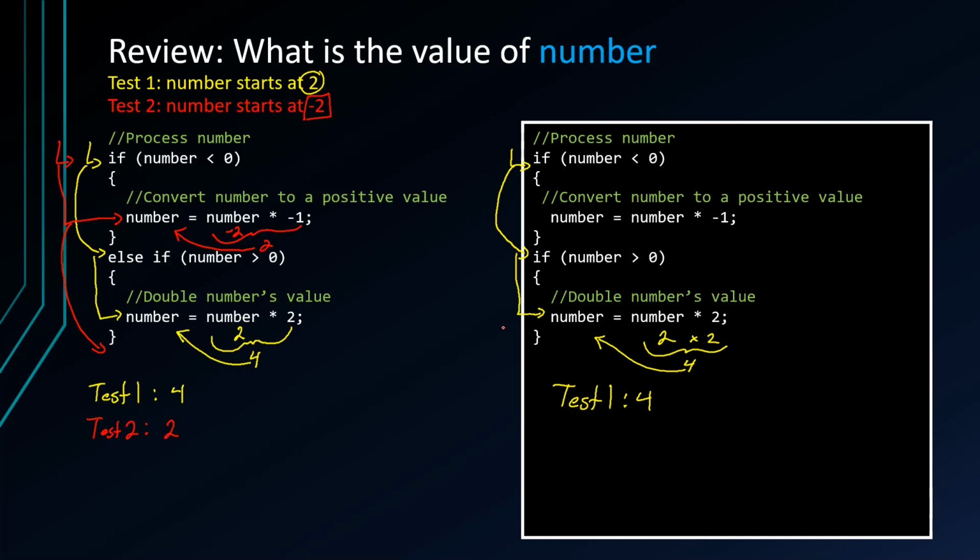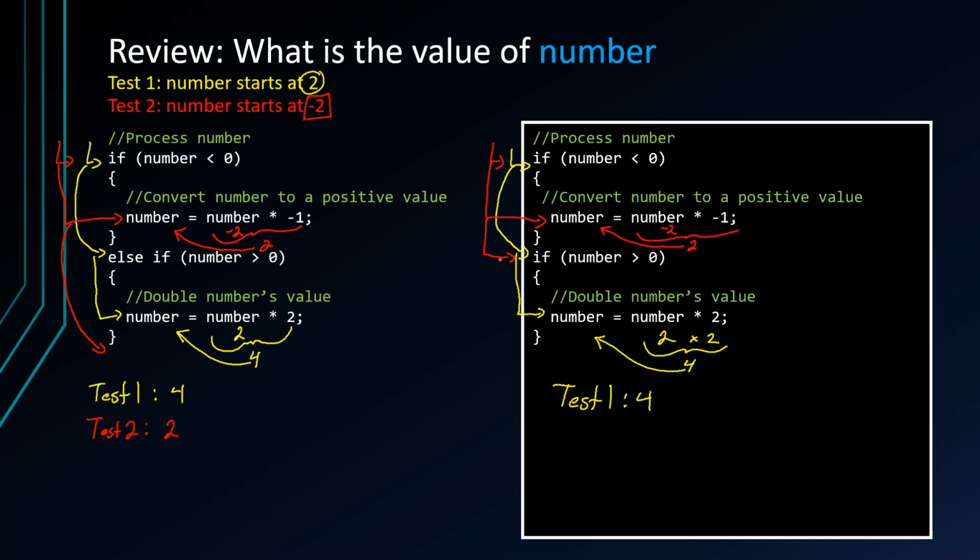Okay. Over here, let's do the same thing. So, is -2 less than 0? Yep, sure is. Comes in, it executes this, so we have -2 times -1, and we end up with a +2, and that gets stored in number. Now the program continues down. Oh, I have to check this. That's an if statement. Is 2 greater than 0?